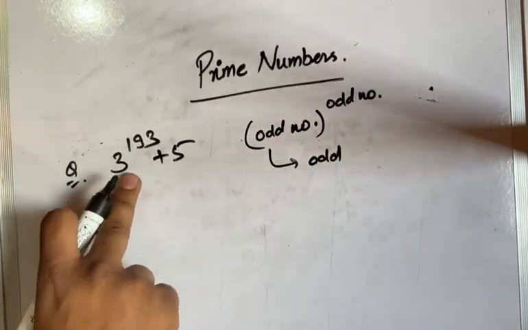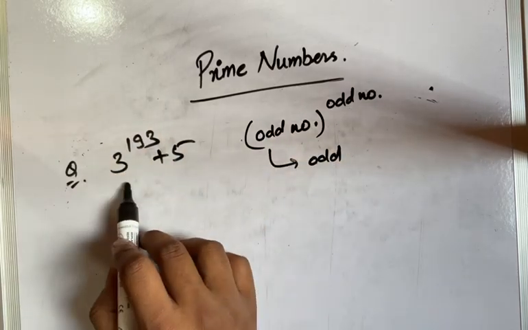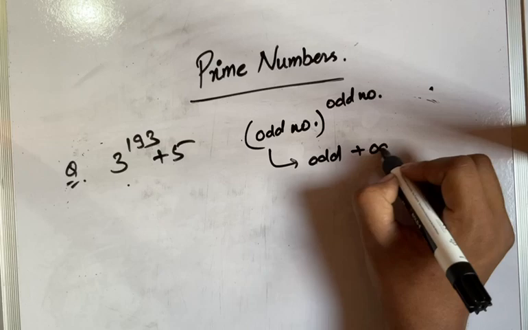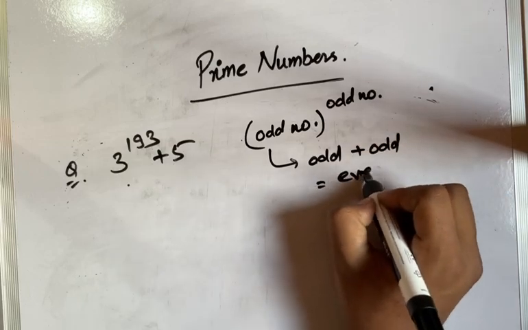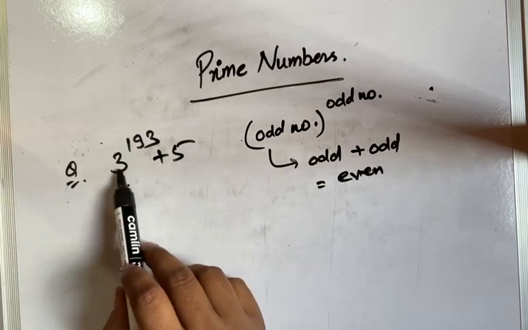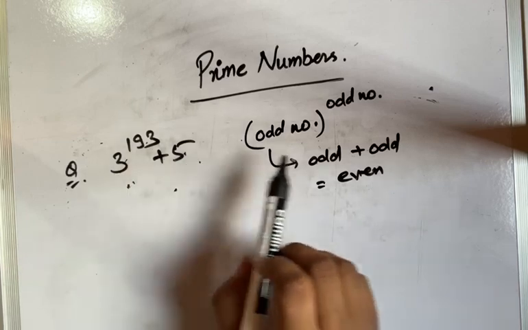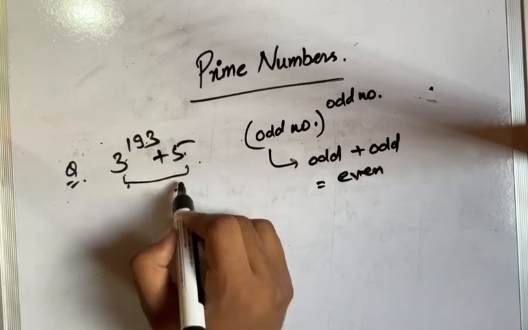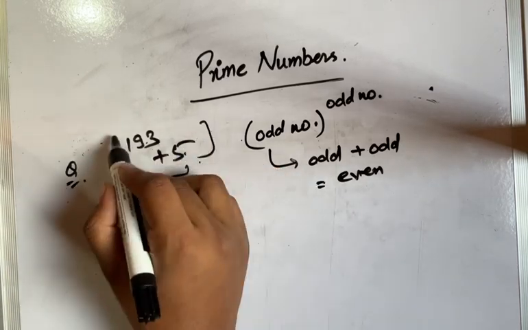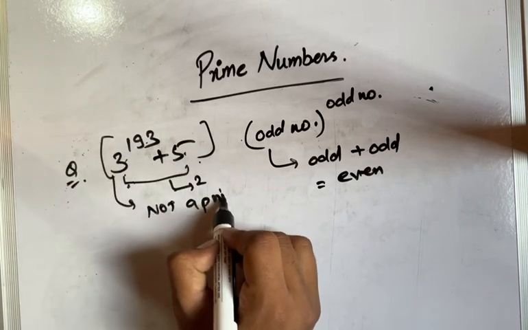We can see 3 is an odd number, this number also is an odd number, will give the value as odd number, but adding odd plus odd will give you an even number. So these are some properties that you can apply in basic maths. Like 3 to the power 193 will give you an odd number, and this is also an odd number, so odd plus odd will give you an even number, hence it is divisible by 2, so it is not a prime number, not a prime number.